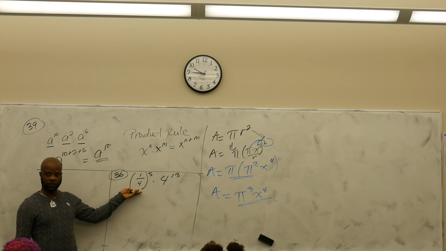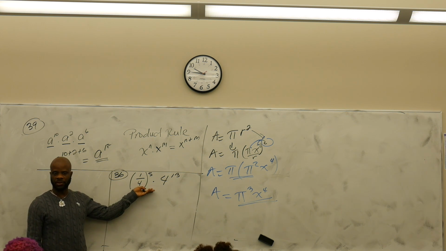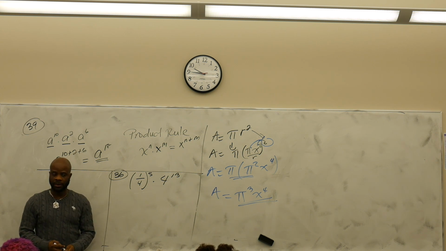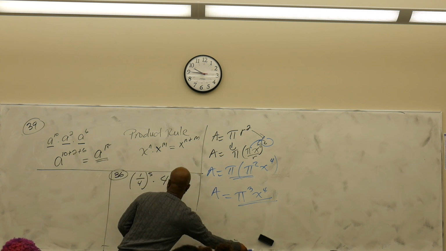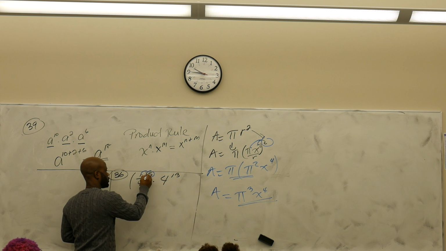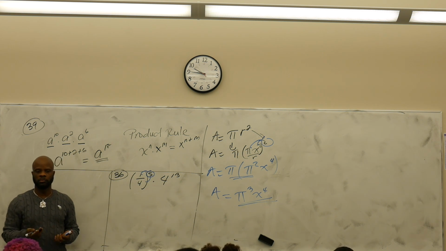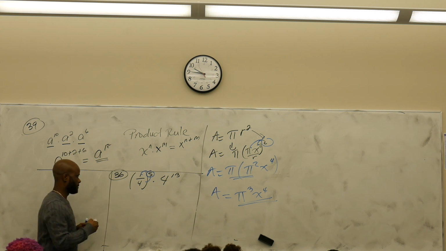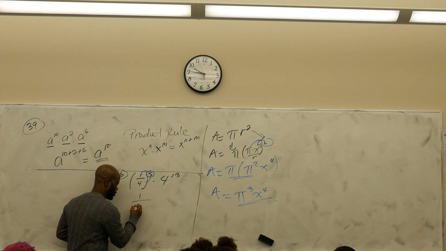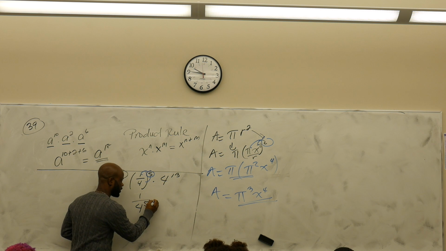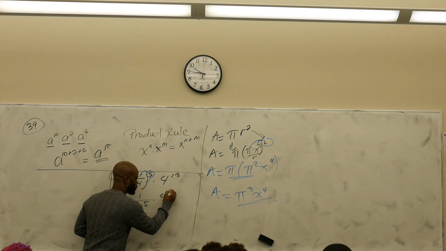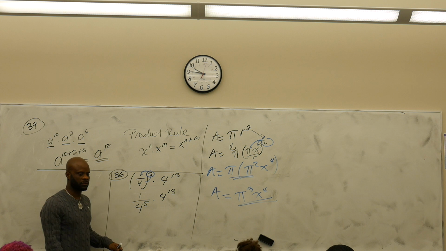So let's deal with this first piece. What property are we applying here? Power. Right, we have to distribute that. So what's 1 to any power? Okay. So this is 1 over 4 to the 5th times 4 to the 13th.